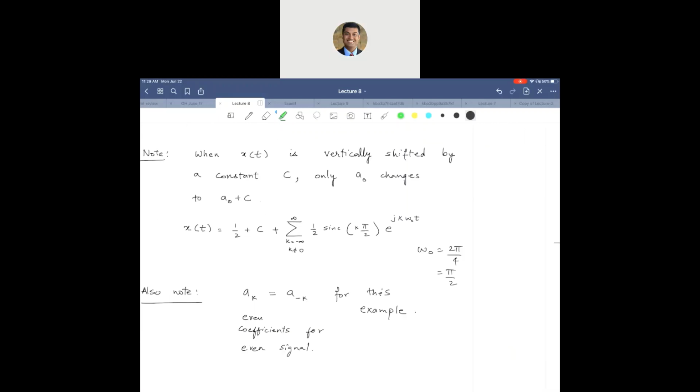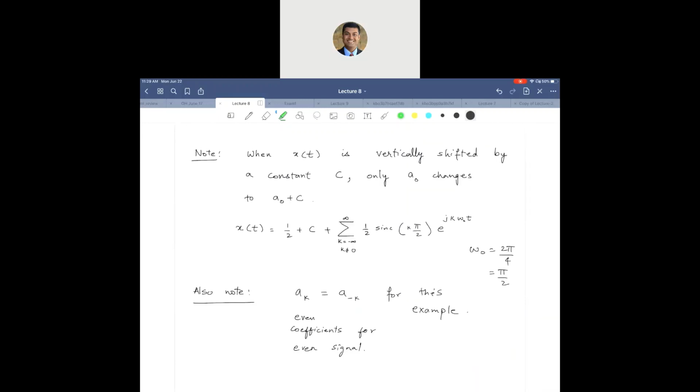This can be summarized as this particular note. When x of t, the periodic signal, is vertically shifted by some constant c, it might be positive, it might be negative, whatever the case, only a_0, the DC term, will change, and it will change to a_0 plus c.